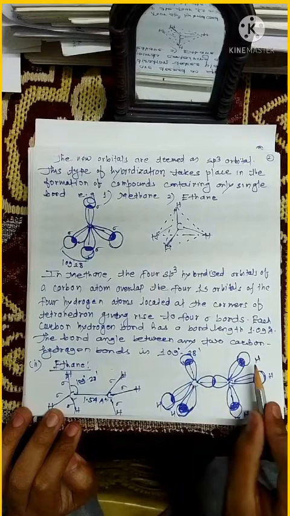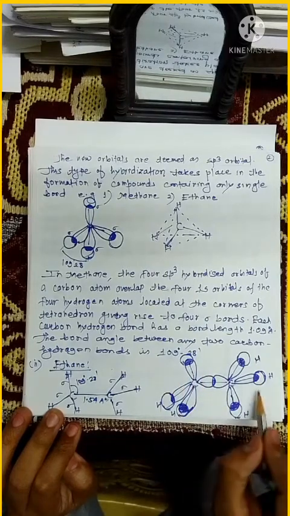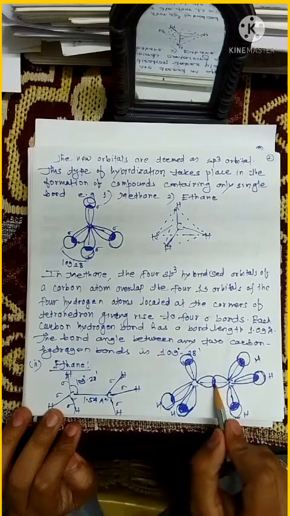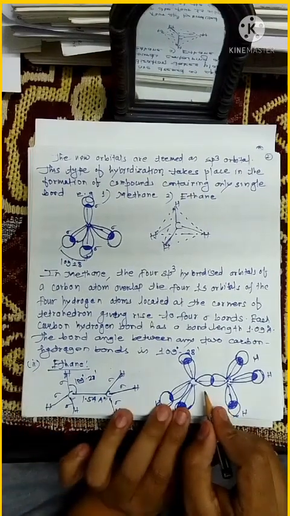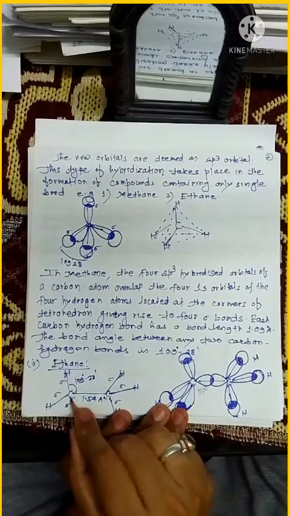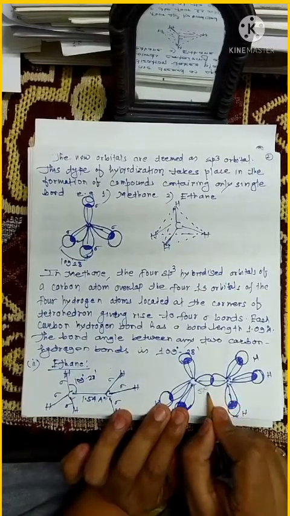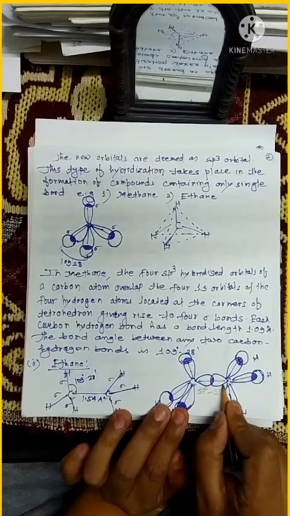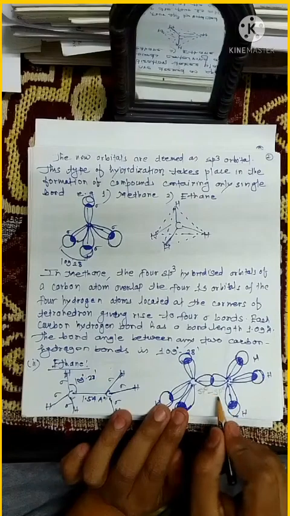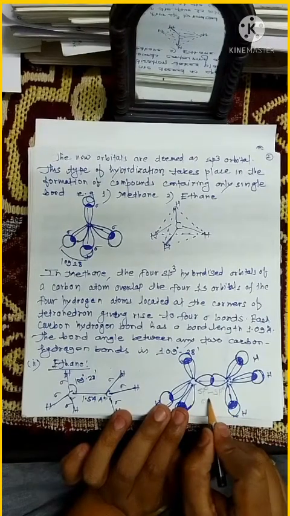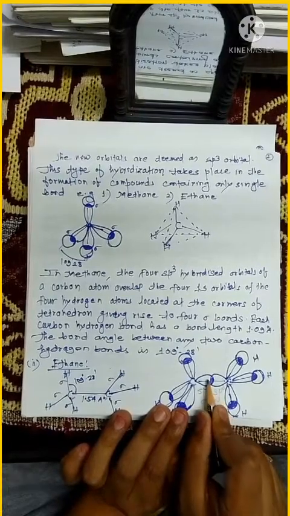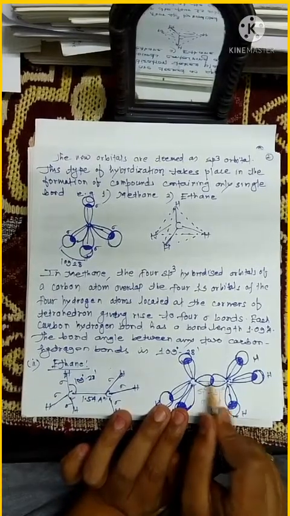So this is the diagram for the ethane molecule. In the ethane molecule, one of the hybrid orbitals, that is the sp3 hybrid orbital of this carbon and the sp3 hybrid orbital of this carbon, overlap with each other and form an sp3 sigma bond, because the sp3 hybrid orbitals overlap with each other.